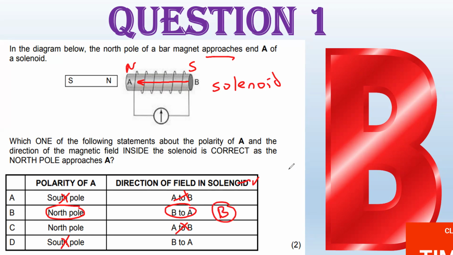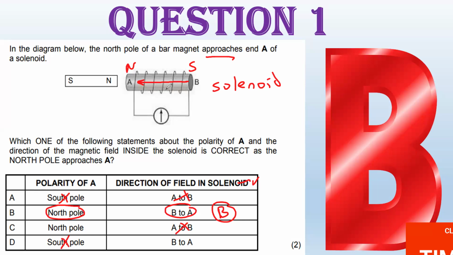I hope it is clear. First of all, we should remember that if a magnet is coming closer, you have the same polarity and they repel each other. And if it is going away, they have opposite polarity and they attract each other. We should remember these two important points.